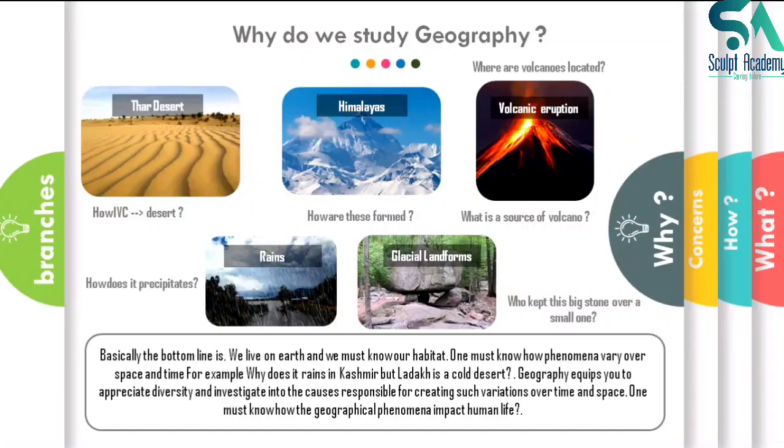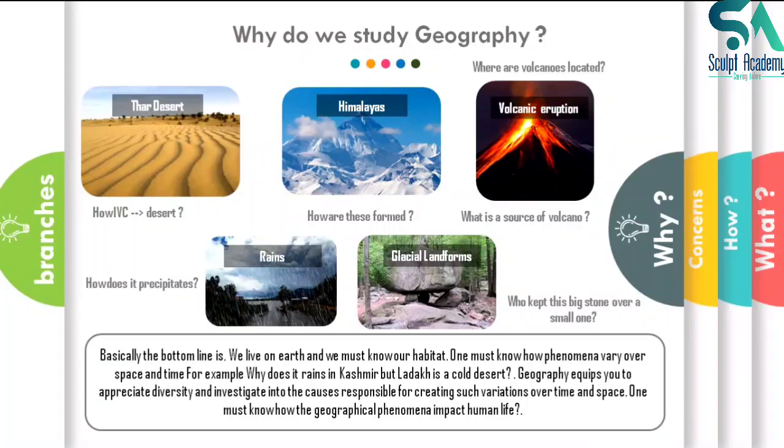Geography equips you to appreciate diversity and investigate the causes responsible for creating such variation over time and space. One must know how geographical phenomena impact human life. After studying geography, you will be able to appreciate the diversity that we see on the earth.